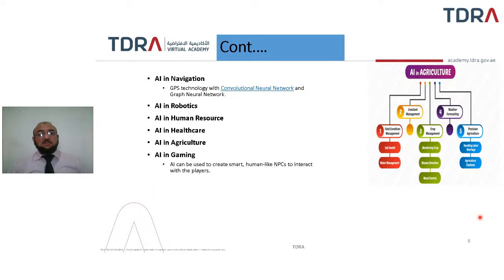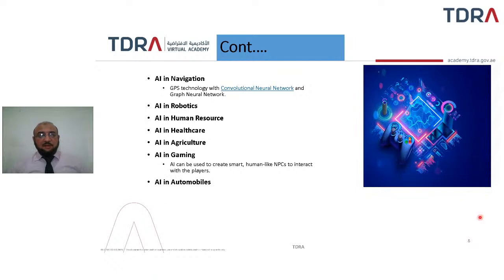Then AI is used in gaming, and nowadays there are characters called NPCs, non-playing characters, which are not controlled by any player. They are controlled by themselves using artificial intelligence and interact with the other players.